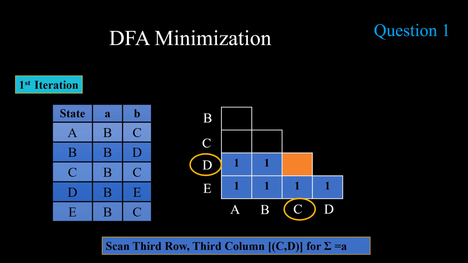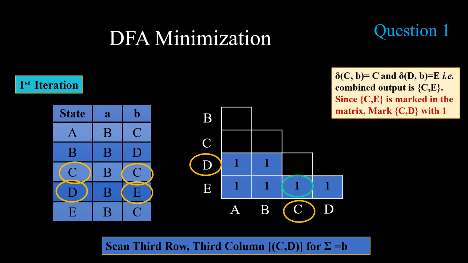This is CD. Now corresponding to CD on sigma equal to A, we get BB, which does not exist, so no change. Corresponding to CD on B, we get CE. CE is marked in the original table, so we will mark CD with 1.